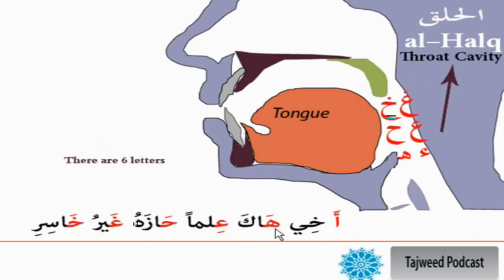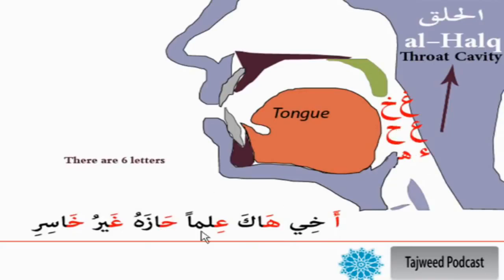I have made a meaningful sentence that collects and groups all the 6 letters of Makhraj al-Halq, the throat cavity. The letters are Ghain and Kha, which are at the closest distance to the mouth, then at the farthest distance from the mouth you find the hamza and the ha, and in the middle are the ayn and the ha.